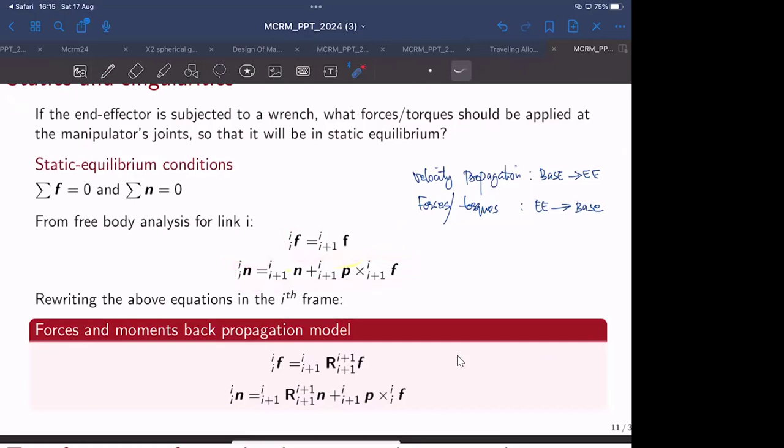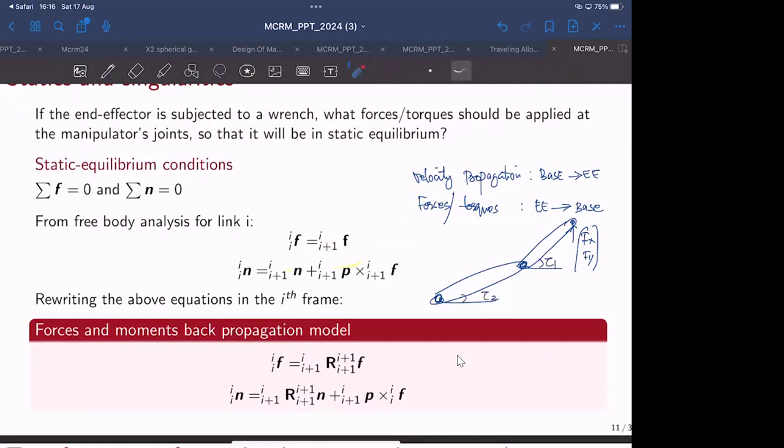moments. And the force propagation basically means, like in case of a robotic manipulator, again, we are considering the case of a 2R robot. So if the robot is subjected to a force or a torque at the end effector, for example, if the robot is bearing a load, which has components Fx and Fy, how much torque should be exerted at each of these joints, tau 1 and tau 2, right?